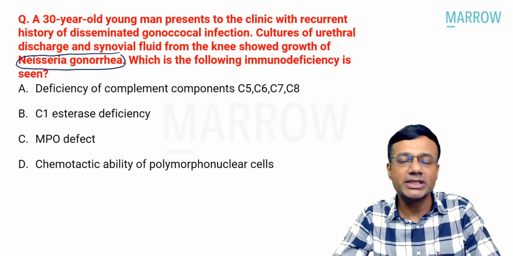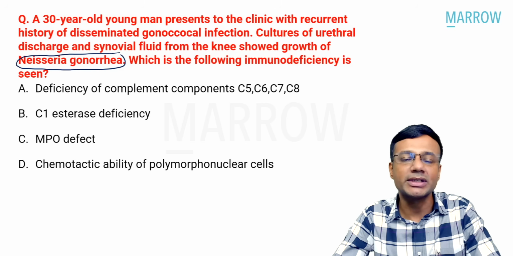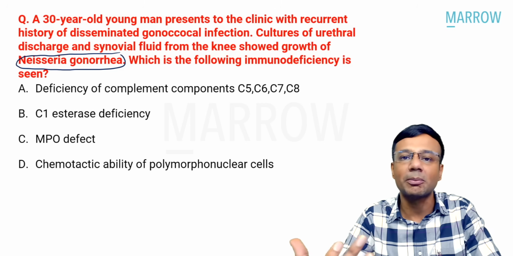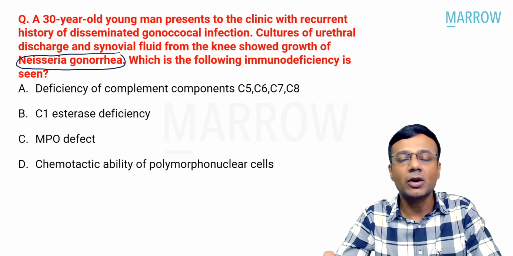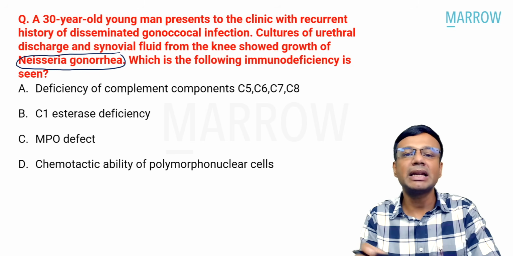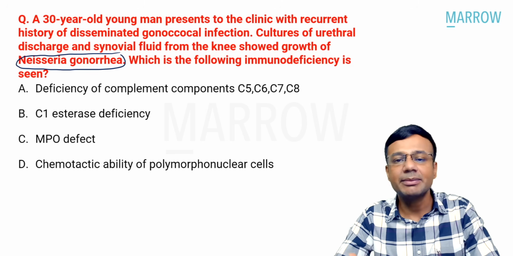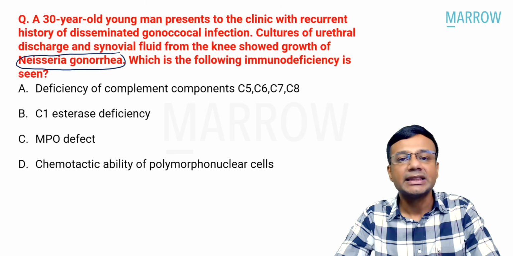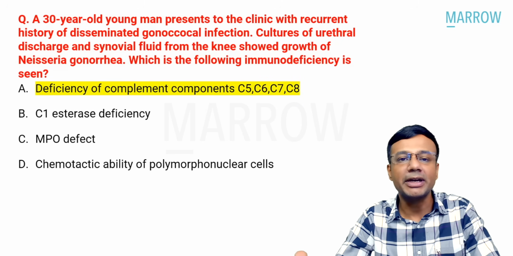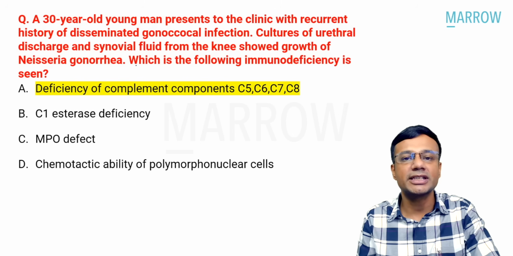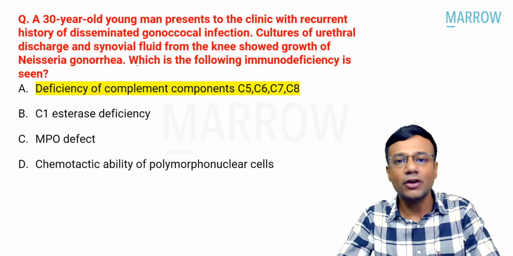A question like this can be sorted out when you learn microbiology and look at the complement system, where we have the membrane attack complex. In disseminated gonococcal infection, the deficiency is of the complement components C5 to C8. So the correct answer is option A, deficiency of complement.